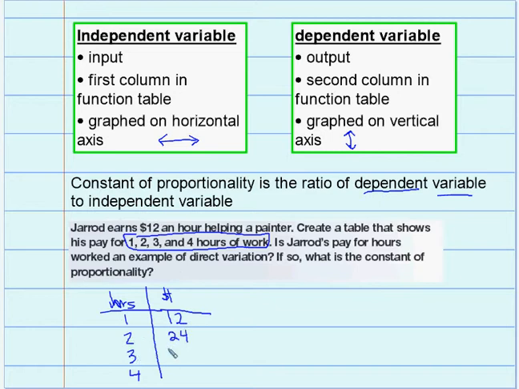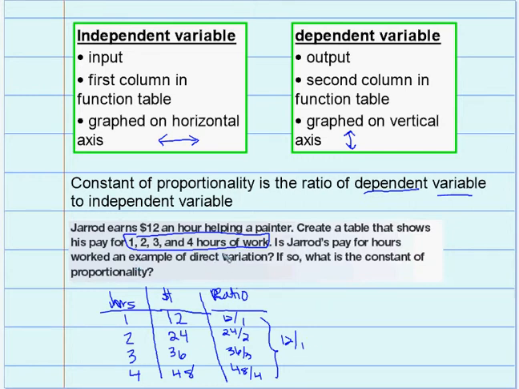And 3 times 12, 36. And 4 times 12, 48. And then we'd want to check to see what our ratio is, output to input. So it's 12 to 1, 24 to 2, 36 to 3, and 48 to 4, which all reduce to 12 to 1.